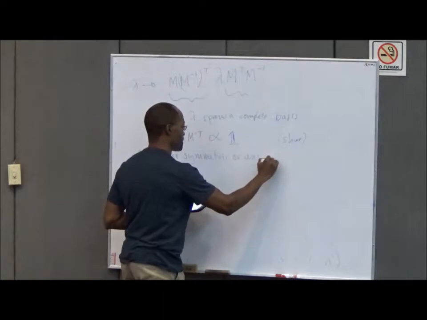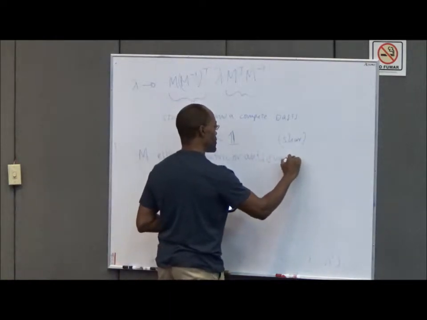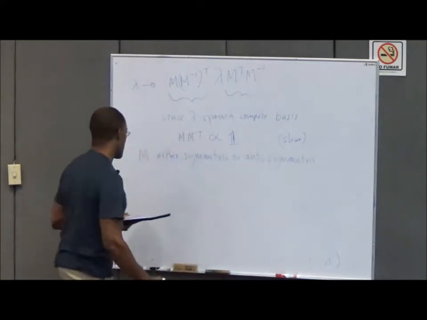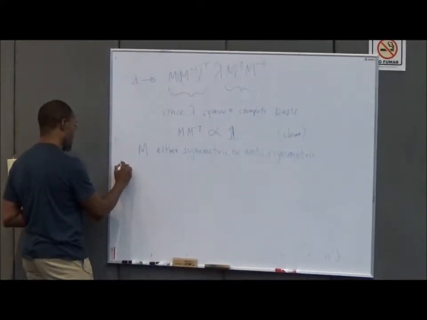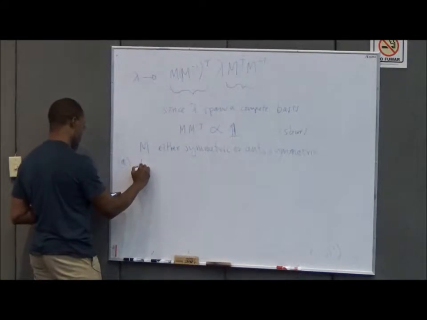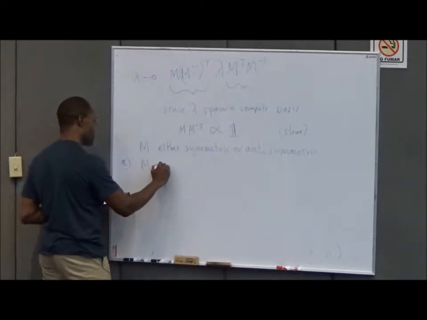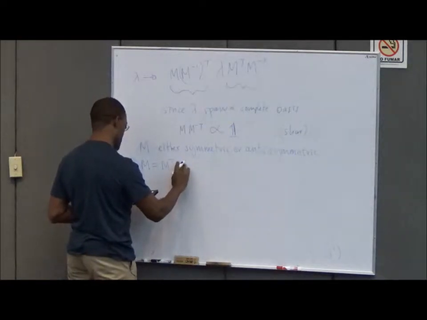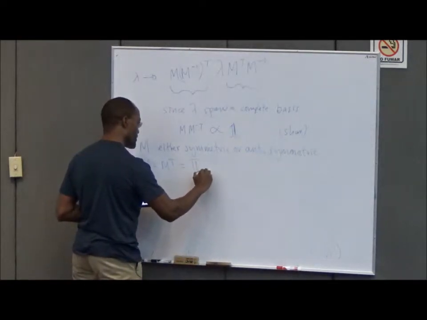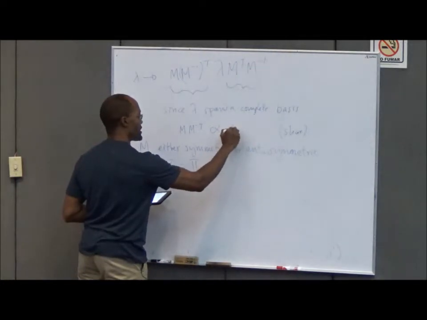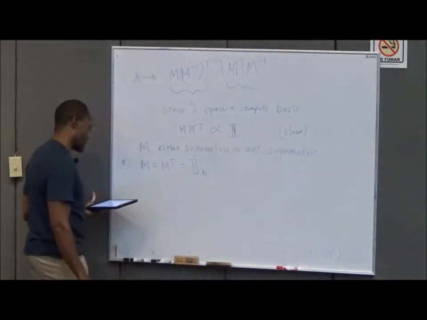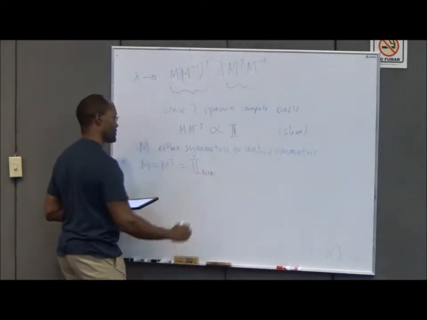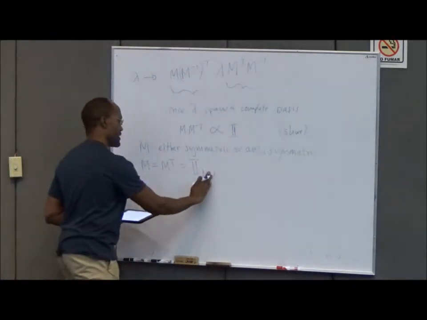And we're almost done, because now we see some of the other possibilities I was telling you about. Okay, case by case now. Either it's symmetric, in which case M is M transposed, and proportional to the n by n identity.